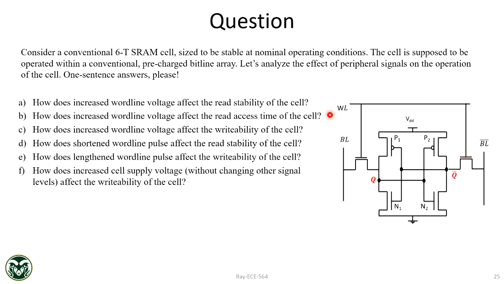So this kind of multiple choice question can come. B, what do you think? How does increased word line voltage affect read access time of the cell? Can you access the cell faster or slower? Faster, because now your discharge current, I cell, will be high.